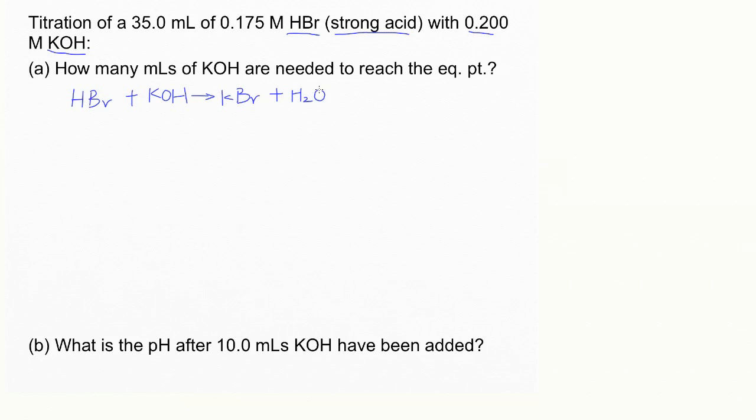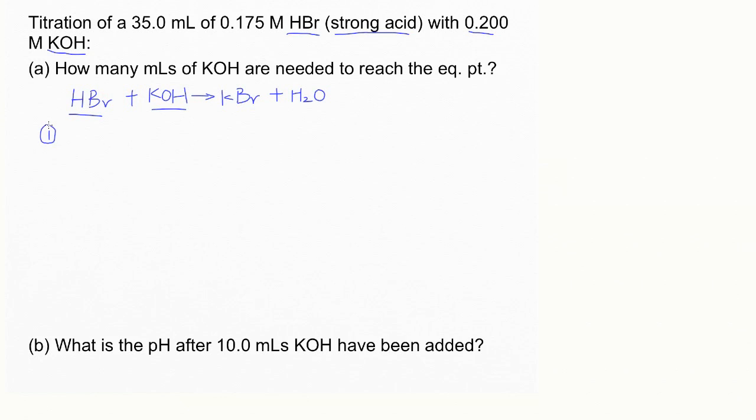As you can see, this is a 1:1 ratio, which means if you have a strong acid and a strong base reacting with each other, then the mole numbers of the two reactants should be equal when you reach the equivalence point. In order to find the moles of potassium hydroxide needed to reach the equivalence point, you have to calculate the mole number of the hydrogen bromide first.